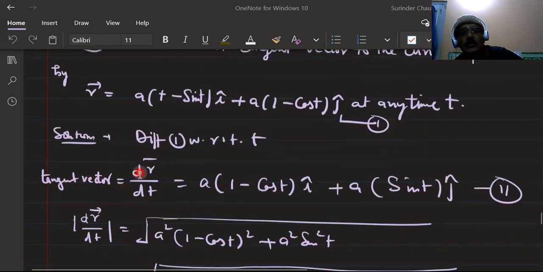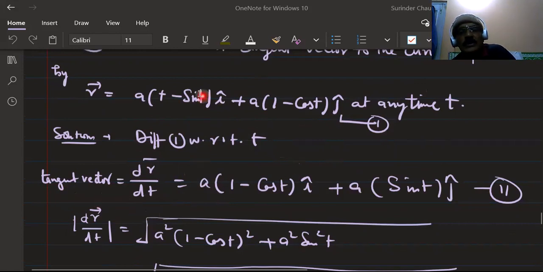The tangent vector is equal to dr by dt. dr by dt also gives us the velocity if a particle is moving on this path. On the path, at any point, if we differentiate with respect to time, which is independent of the position of the point, then that will be the tangent vector at any point of the curve.